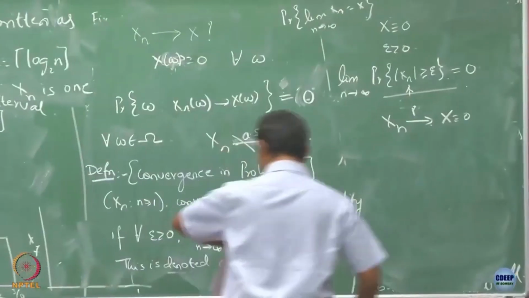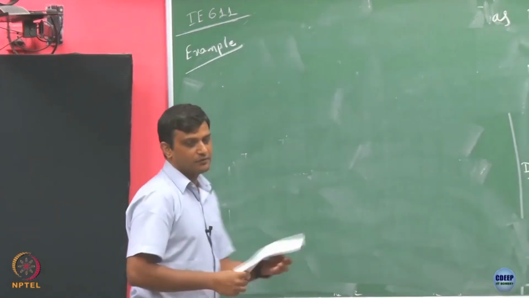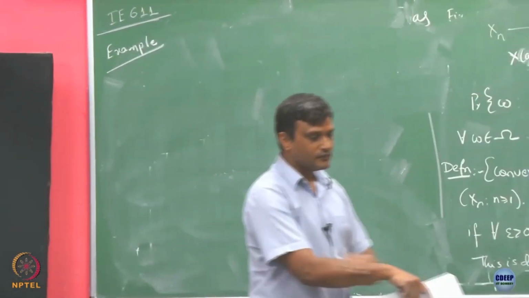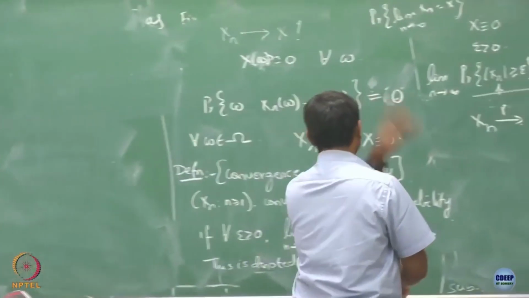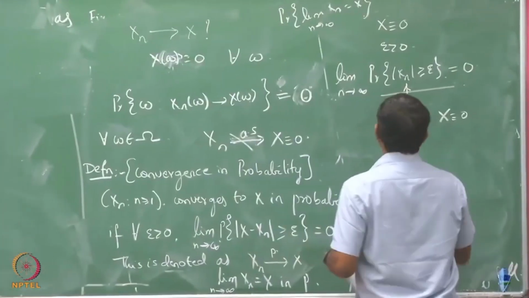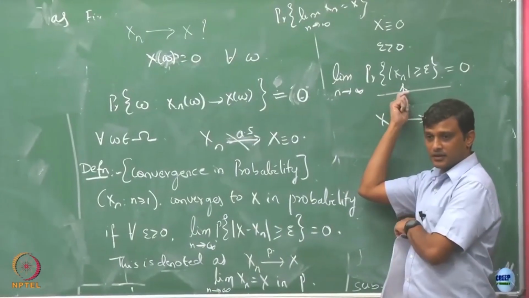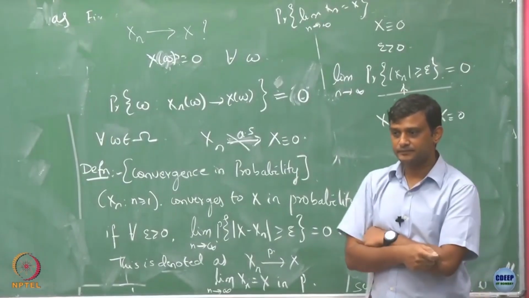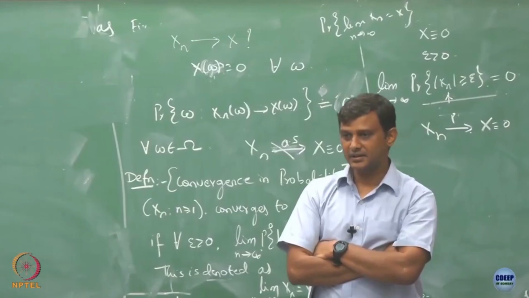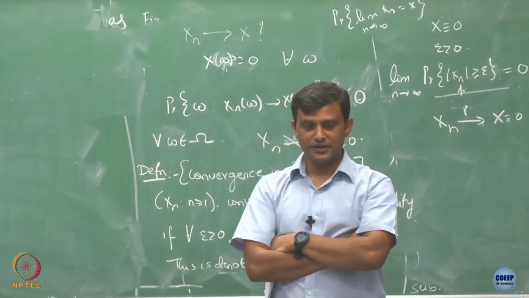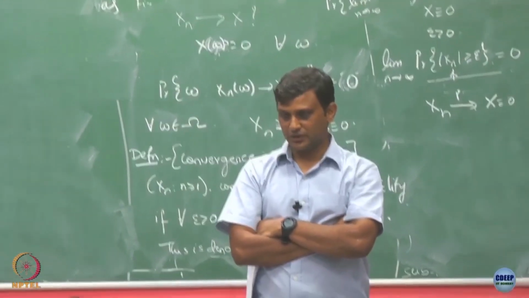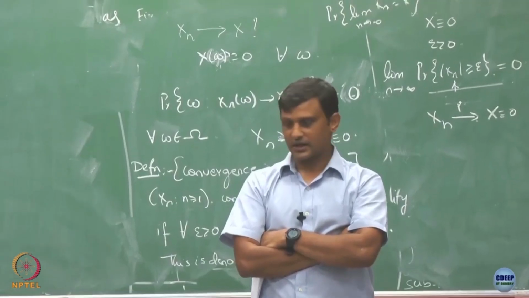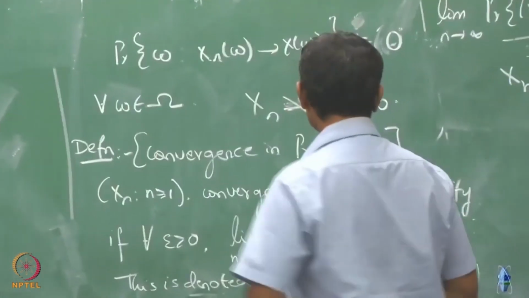Okay, so before I do that, if you look at this definition, what I asked is for the probability that Xn takes a value larger than epsilon to converge to 0, right?